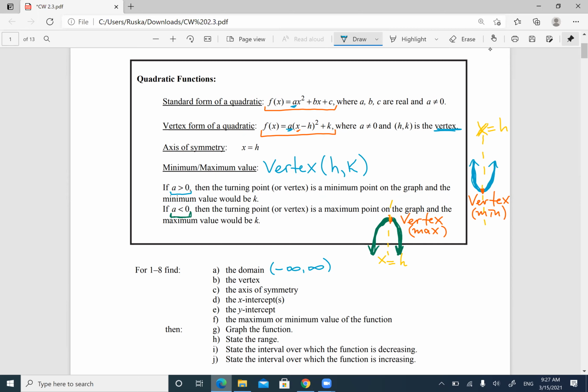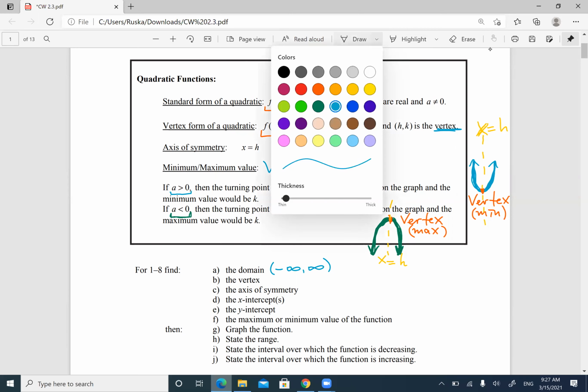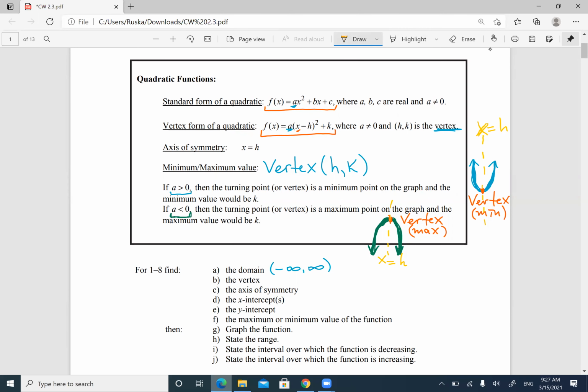Now, finding the vertex. So these are the two different ways. If you have vertex form, you're just going to look at the number next to x, and take the opposite of it, because it's minus.